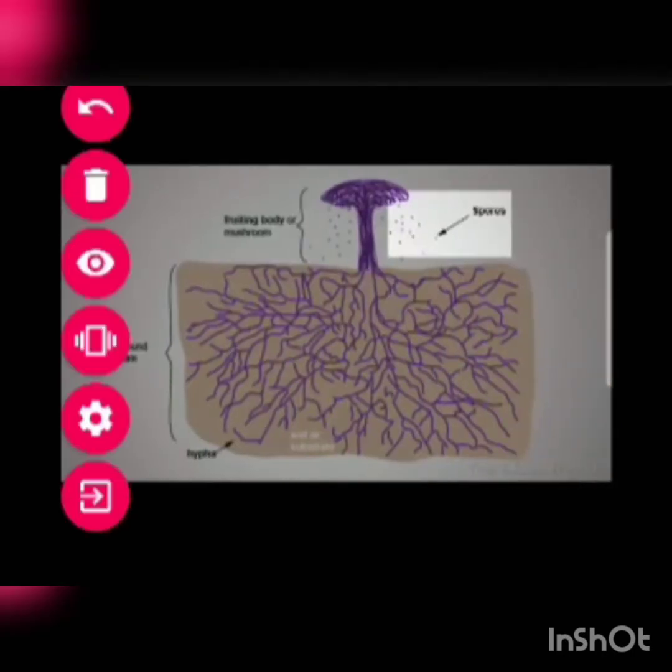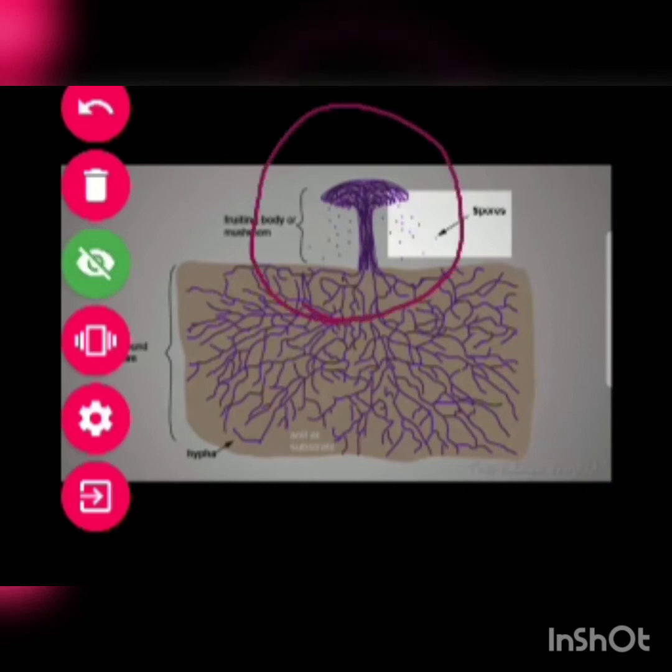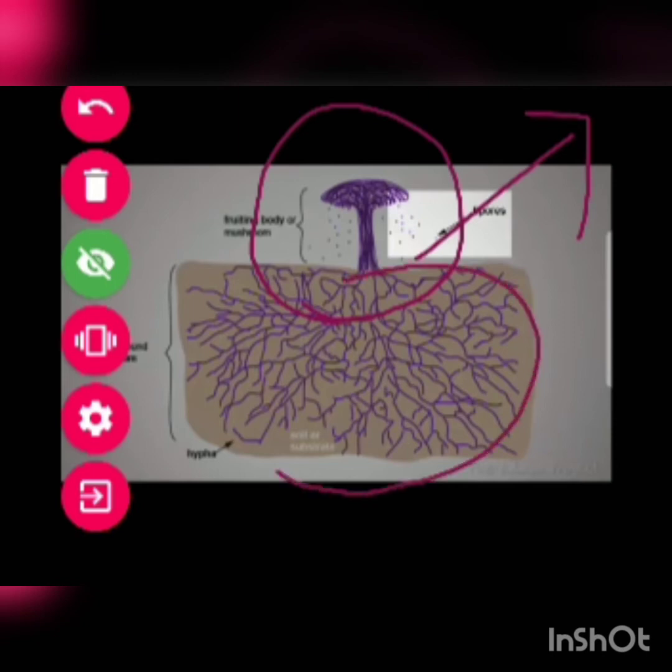Now this small structure that you see above the ground, that is the fruiting body of the fungi. It's only a fruiting body. The actual fungi plant body is these thread-like structures that you can see below.